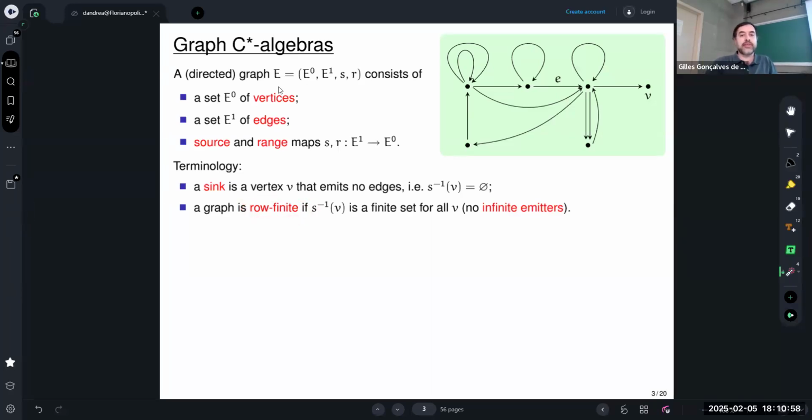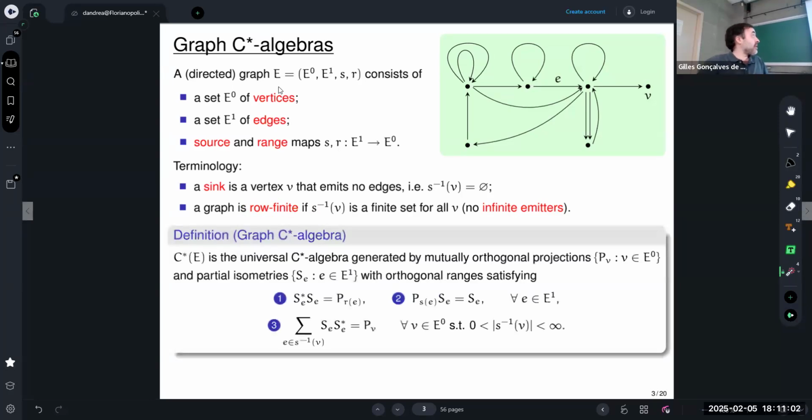Now, I will only be interested in finite graphs, but let me give you the general definition of graph C*-algebras because you will see it also in the next talk. There is a C*-algebra associated to a directed graph E, which is the universal C*-algebra in a suitable sense, generated by a set of mutually orthogonal projections and partial isometries.